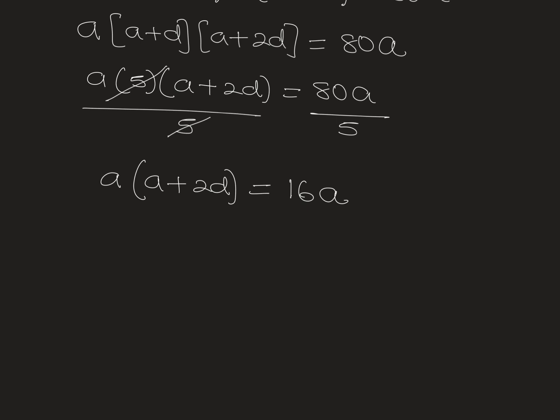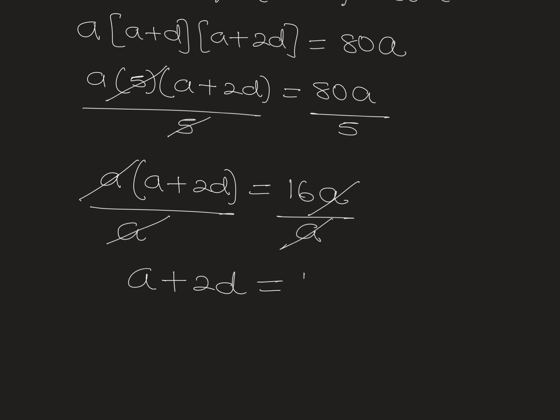Now let me divide both sides by A. This will cancel this, and this will cancel this. Which means A plus 2D is equal to 16.